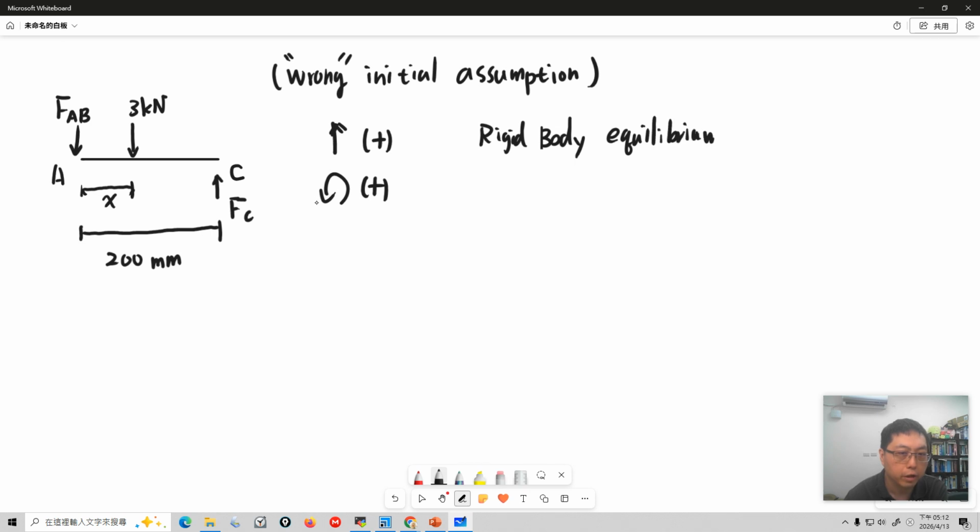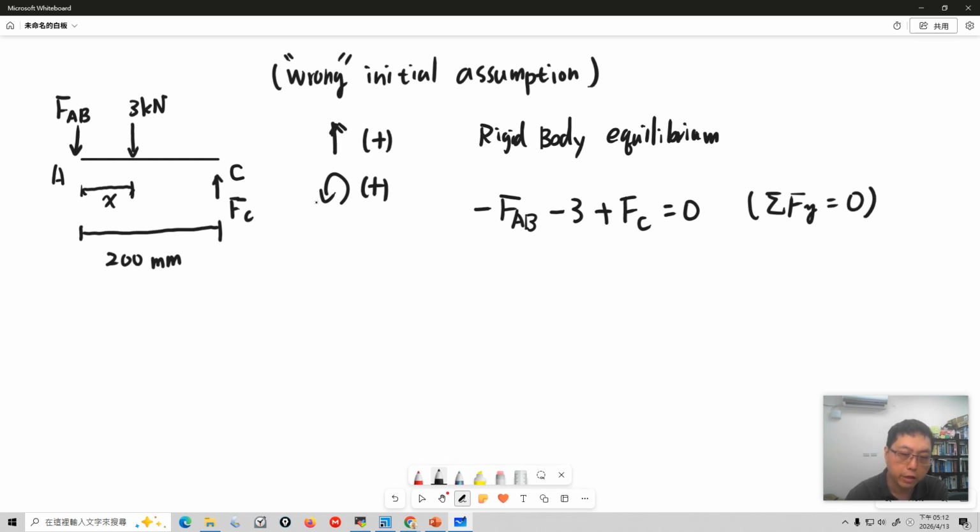Because we only have vertical force, we only do the force balance in the y direction. So we have minus FAB, minus 3 kilonewton, plus FC equal to 0. This is the summation of Fy equal to 0.